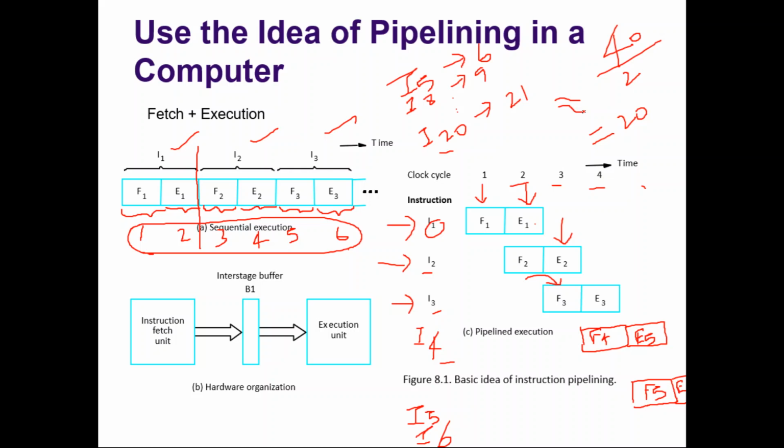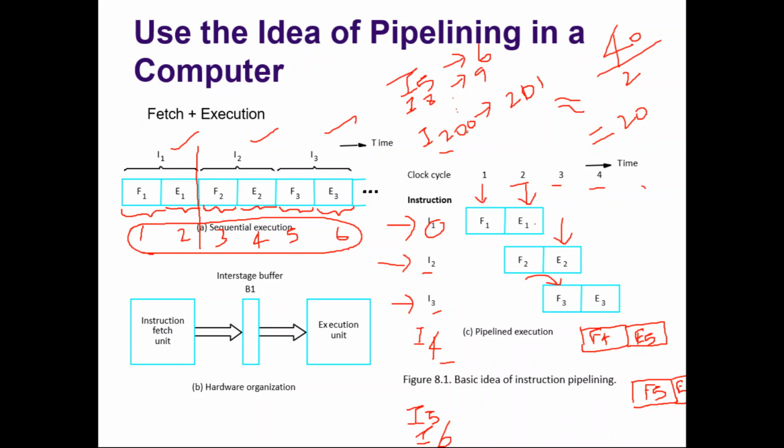So we have discussed that the improvement of pipelining will be a factor of the number of stages. As you increase the number of instructions, it will come close to 2, right? Let us say 200 instructions. 200 instructions will be completed at which clock cycle? 201st clock cycle.